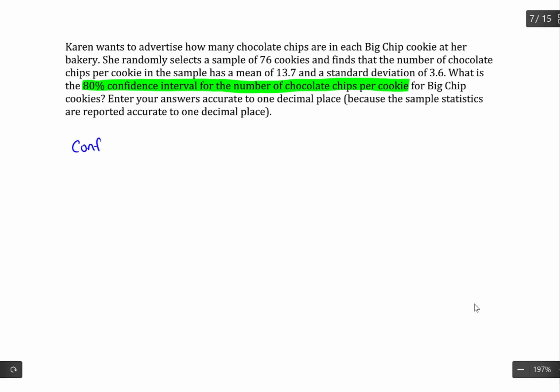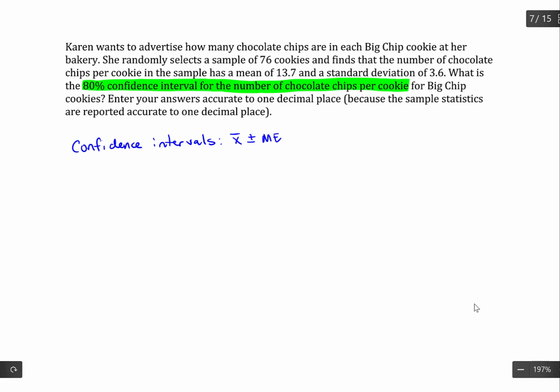So confidence intervals have a point estimate, which in this case would be the mean, and we add and subtract a margin of error. So we have some information given to us from the problem.